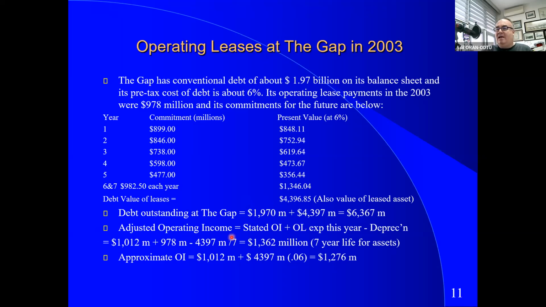The operating income, the EBIT number, would need to be adjusted. So the stated operating income plus the operating lease expenses this year, minus the depreciation. This year, we had operating income of about 1 billion, and lease payments, remember, of 978 million. And then here, 4.4 billion divided by 7.